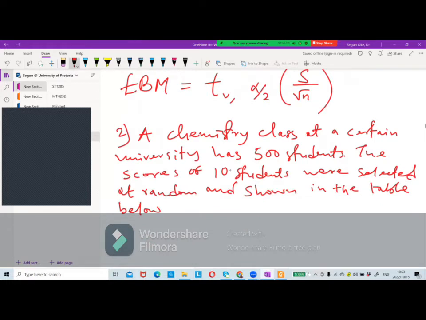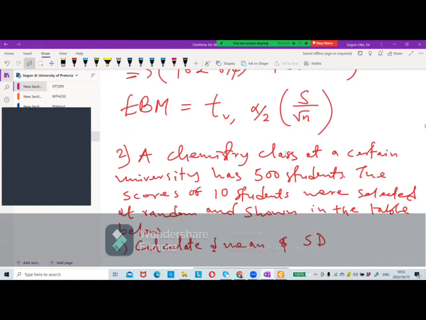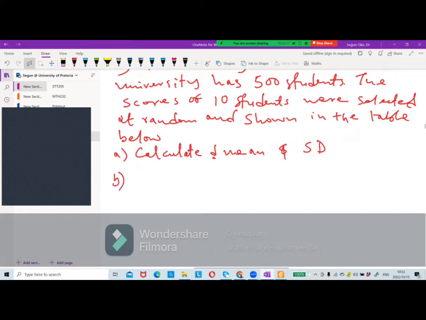Number 1A, calculate the mean and standard deviation of the sample. That means nobody will give you the mean in this case. B, calculate the EBM, we know it now.